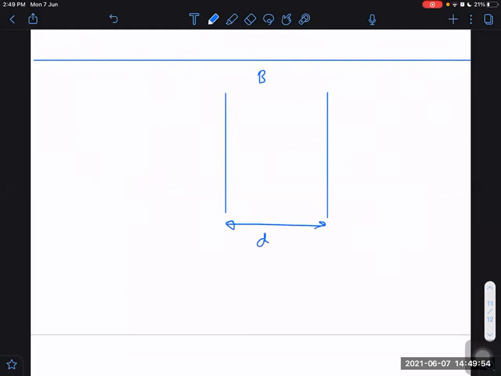Magnetic field here is B, and initially I am making the charged particle enter at an angle, maybe theta naught, and afterwards, after crossing the first region and following some curvilinear path, it gets deviated by some angle.